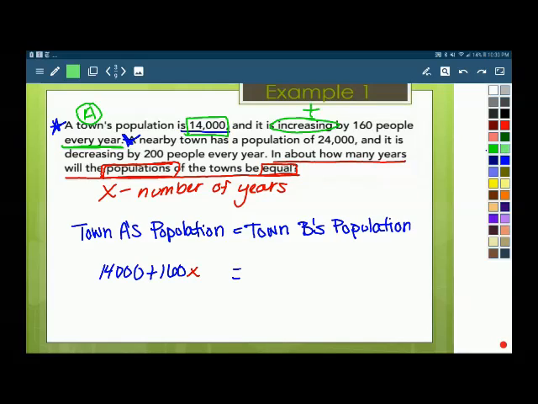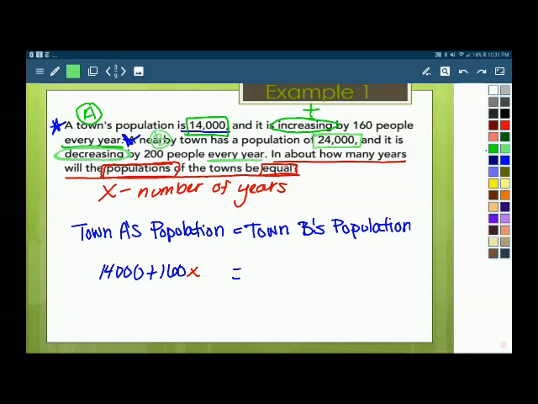So town B, or the nearby town, okay, we labeled that population B, has a population of 24,000 to begin with, and it's decreasing by 200 people every year.